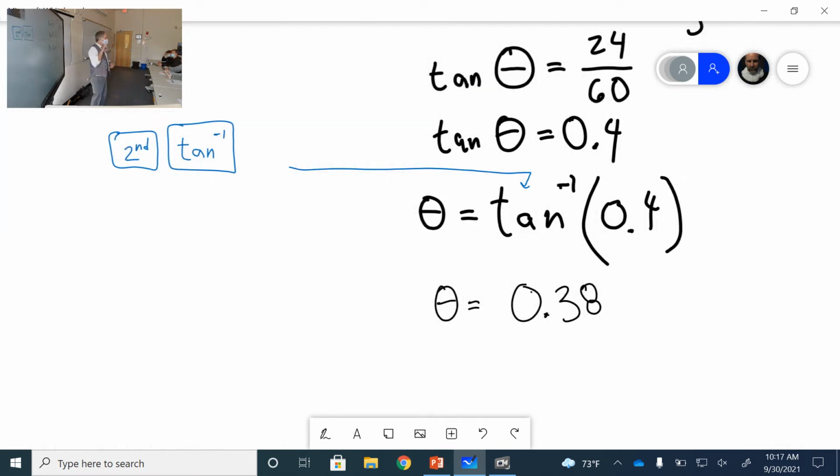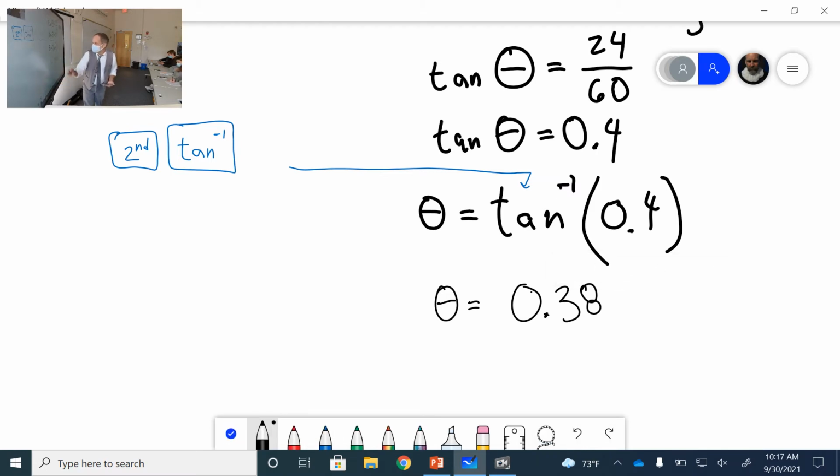If you're using your phone, I'm going to hold this up here for somebody who's watching, my phone has a little thing that says rad right there. If I push the degree button, it goes away. As long as it doesn't say rad right there, then you're in degree mode.